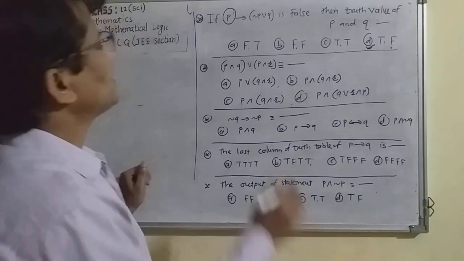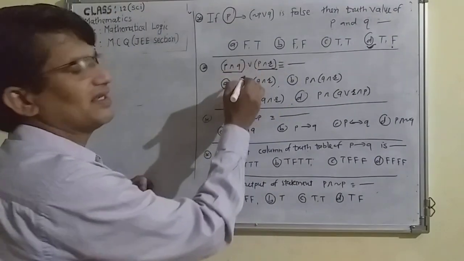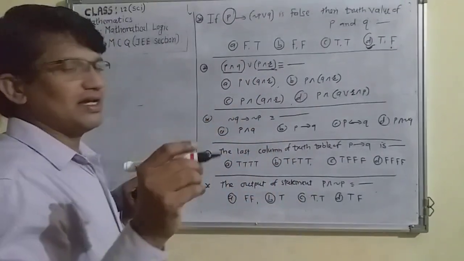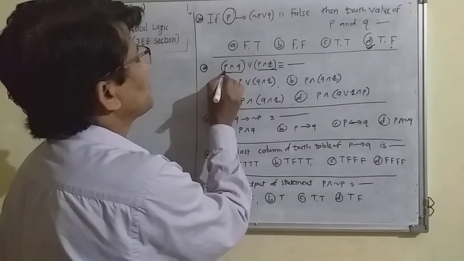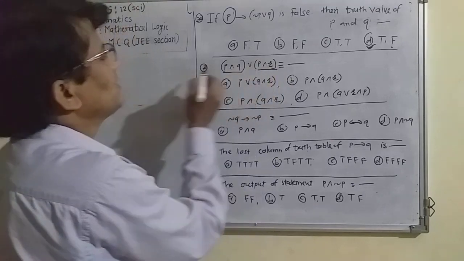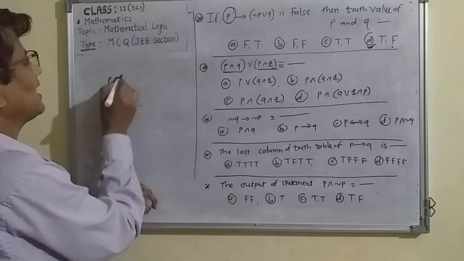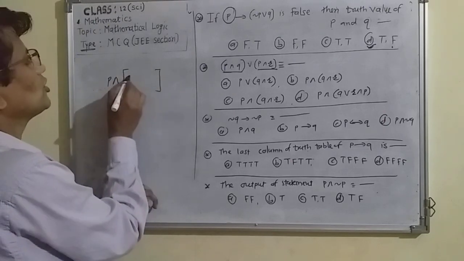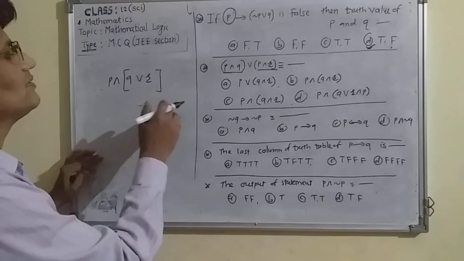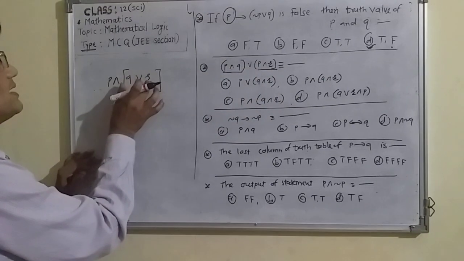See here, the first bracket and the second bracket are joined by or. Such a type of rule we have seen in algebra of statements. First is P and Q, then P and R. Take P common, and what will remain in the bracket? Q or R. We have taken P and common and the remaining is here.